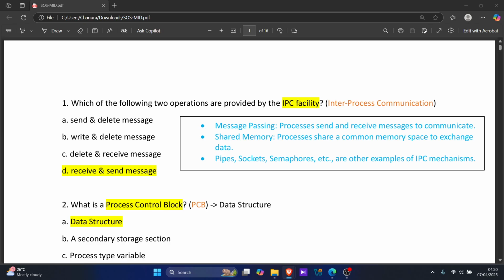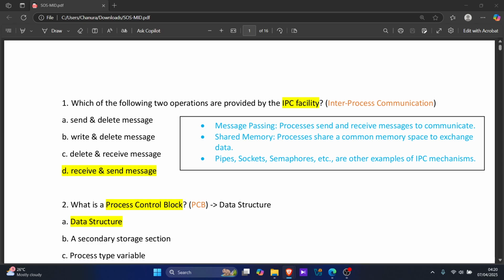The other options include delete or write. Delete doesn't sound right because IPC is about communication, not deleting messages. Write might be part of shared memory, but the primary operations for message passing are send and receive.